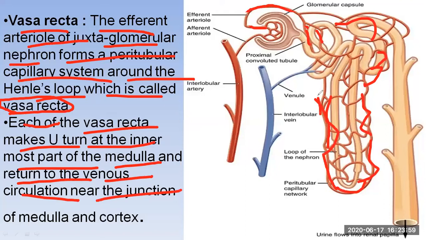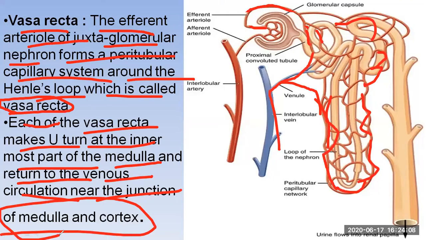After that they combine and form the venous circulation. This is the venule. This is found near the junction of medulla and cortex. Clear? This is about the story of Vasa recta.